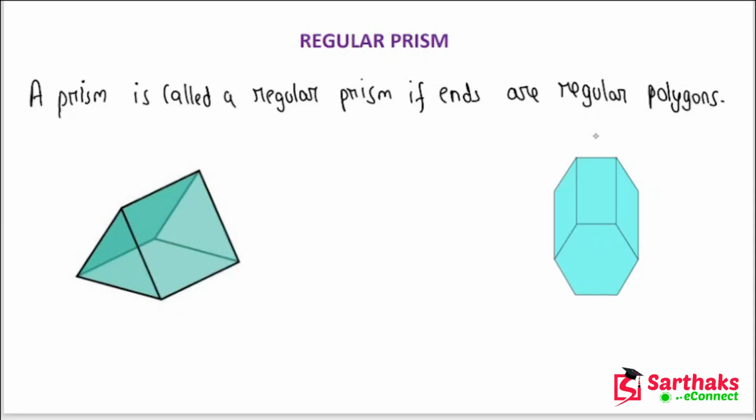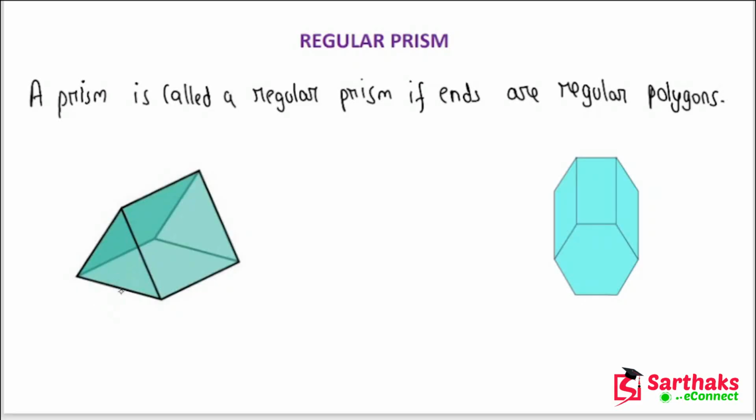So now if we talk about a regular prism, you can clearly see that in this particular prism the end is a triangle. It is a regular polygon, so it must be an equilateral triangle, because we know that in triangles the regular triangle is the equilateral triangle only. So this particular figure is a regular prism, right?